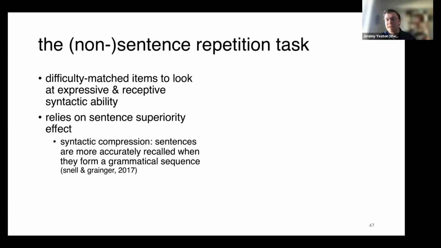And the main idea of this task is that it relies on the sentence superiority effect. So the sentence superiority effect is a version of syntactic compression, wherein sentences are more accurately recalled when they form a grammatical sequence. So participants are presented with grammatical and ungrammatical sentences.